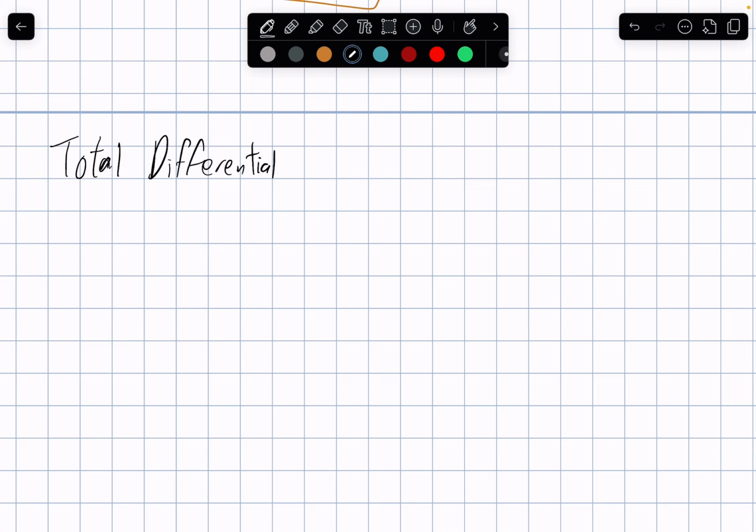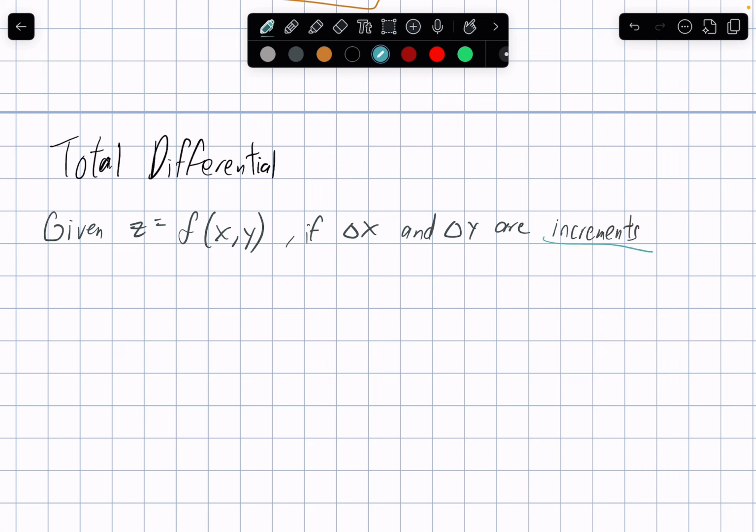So essentially, for total differential, you are given z is equal to f of xy, and if delta x and delta y are increments. So this is an important term, increments, of x and y respectively. Then the differentials of x and y are the following.